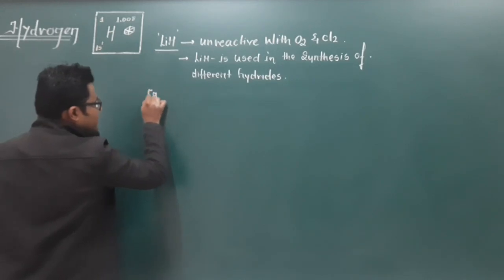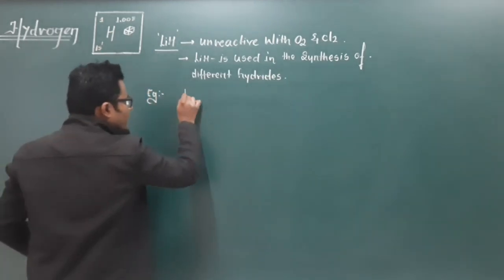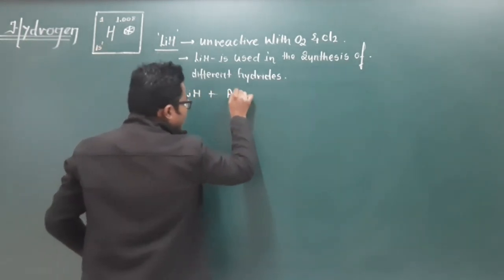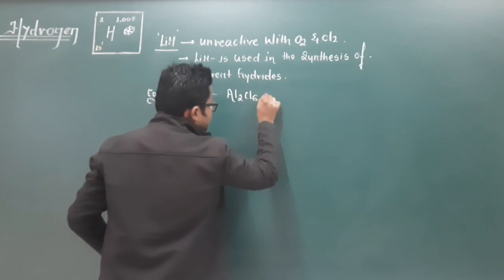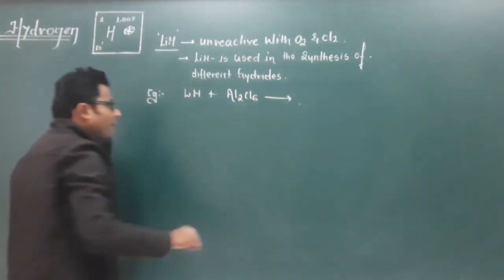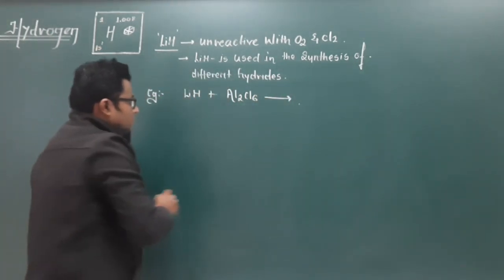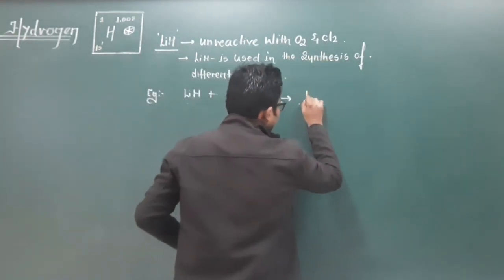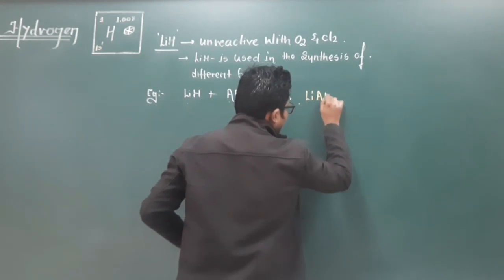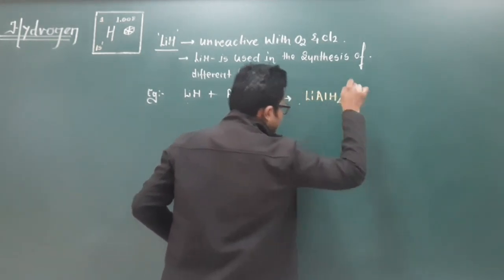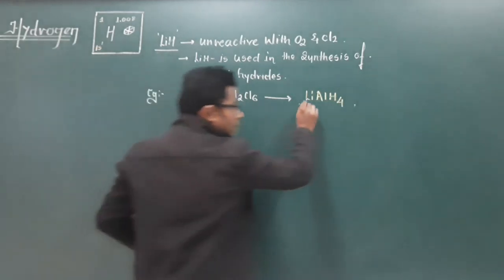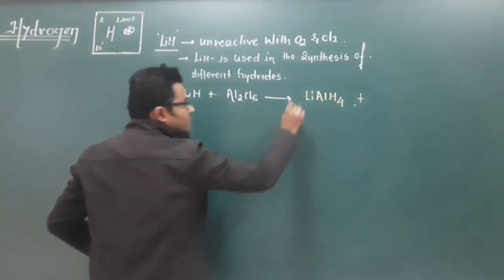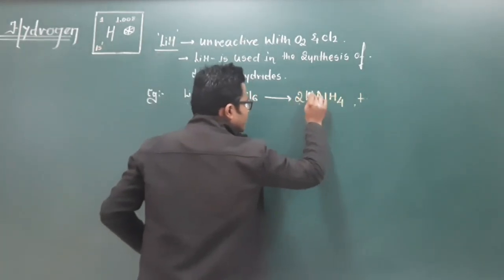The example here is when lithium hydride reacts with Al2Cl6. Of course, it is not balanced. So when aluminum chloride reacts, we are going to get lithium aluminium hydride. Plus, as we have 2 over here, let us take this as 2.